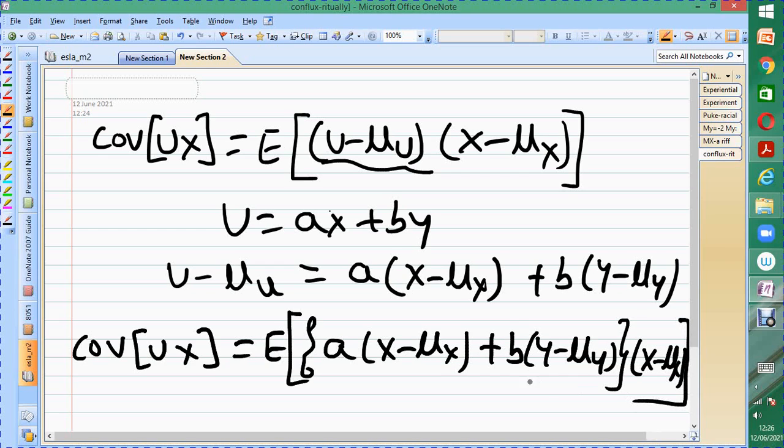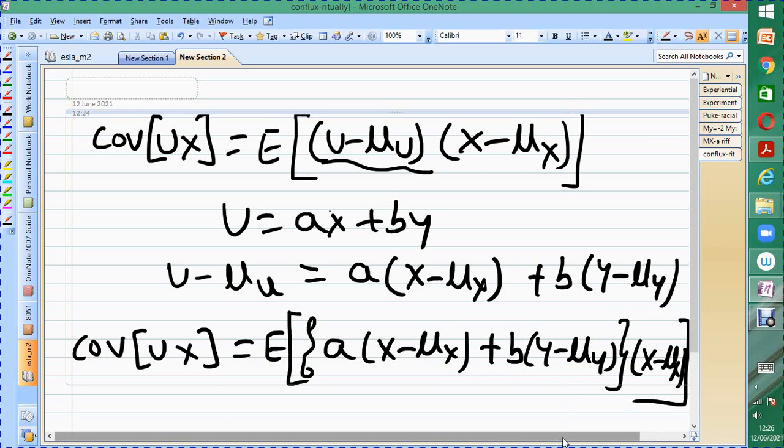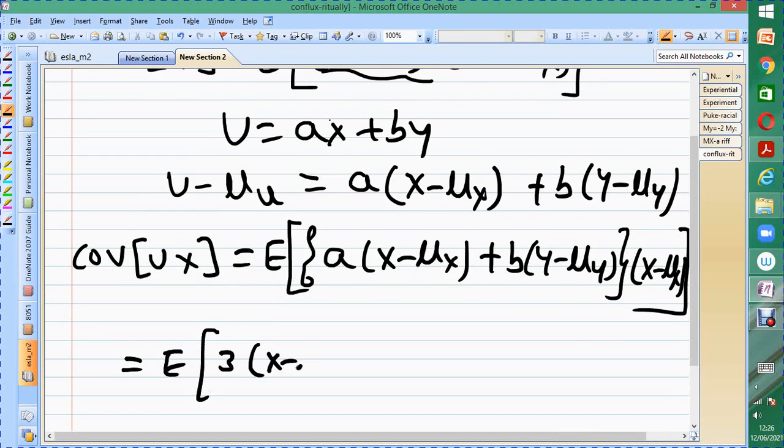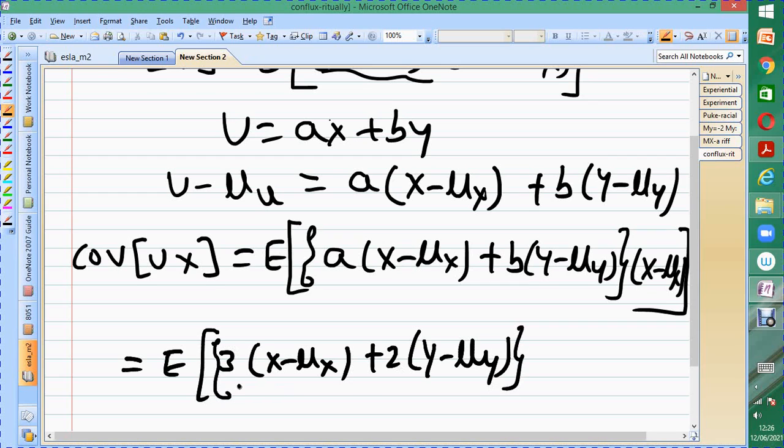Now substituting the coefficient values, a is 3 here, so expectation of 3 into x minus mu x plus 2 into y minus mu y, covered in a flower bracket as this whole expression indicates u minus mu u, into x minus mu x.